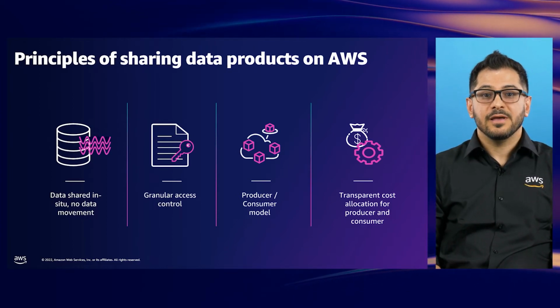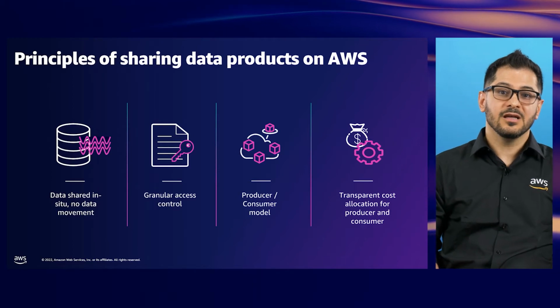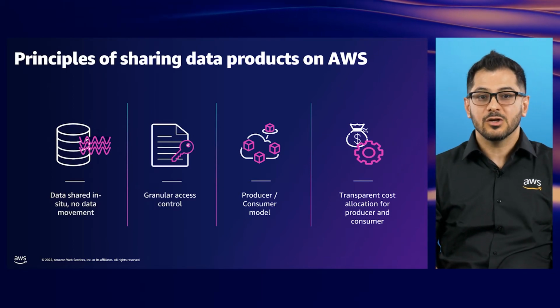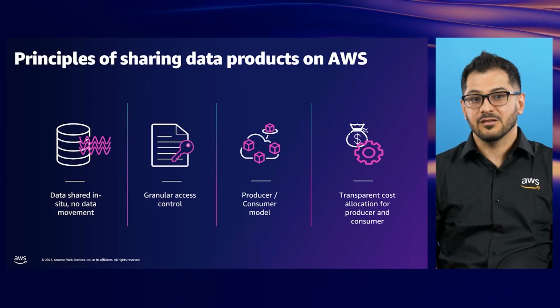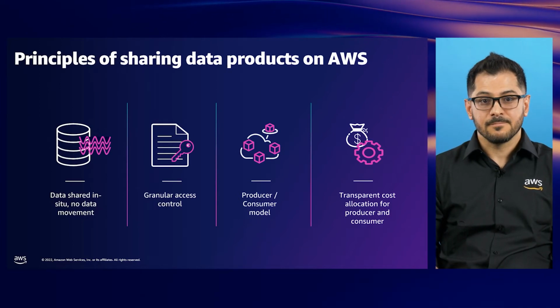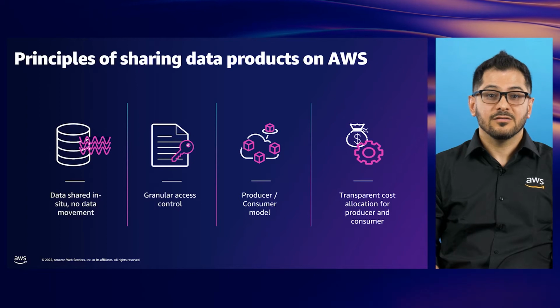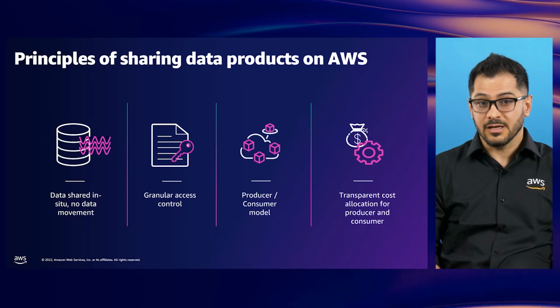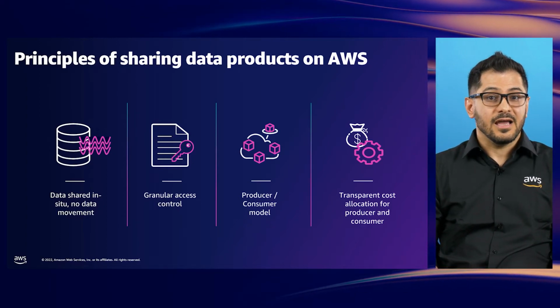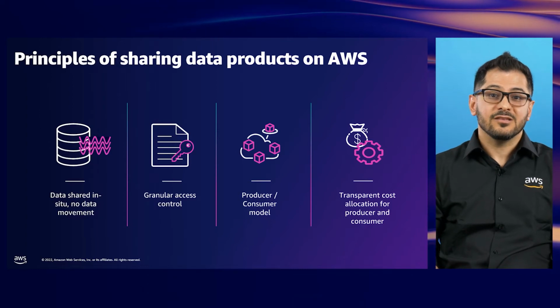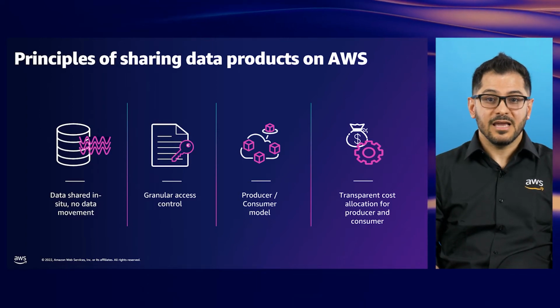The consumer will pay for compute to query the shared data, and the storage cost is only incurred to the producer, since data is not copied across to the consumer environment. Also, producer and consumer are billed separately for the resources they use. And finally, the sharer can decide to stop sharing the resources at any point in time.